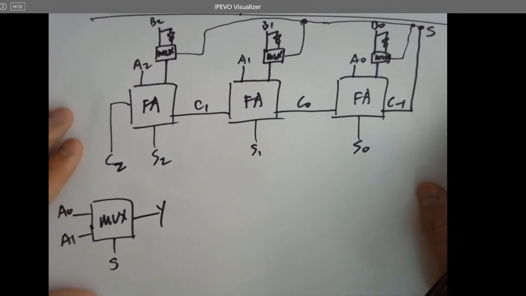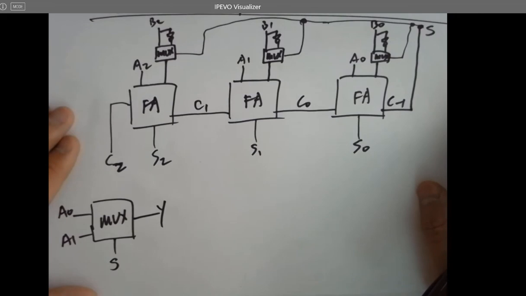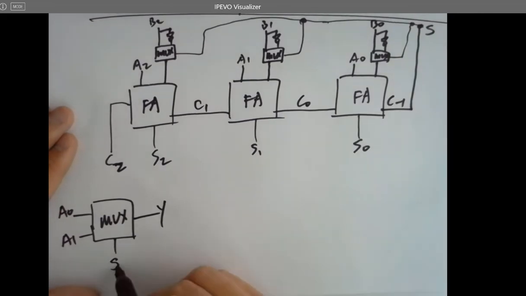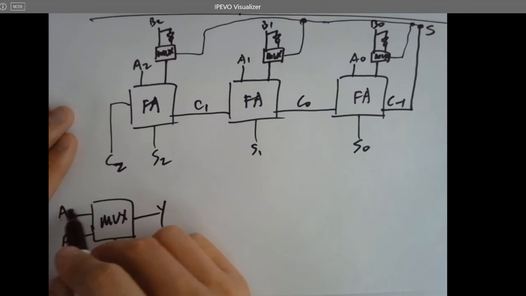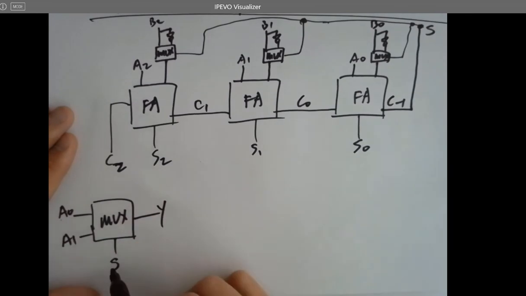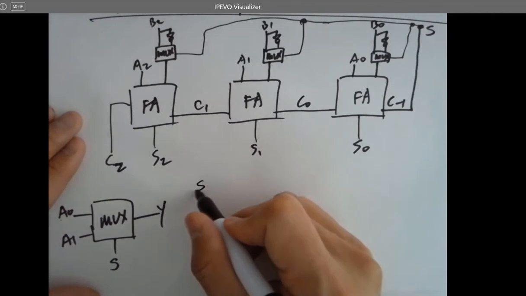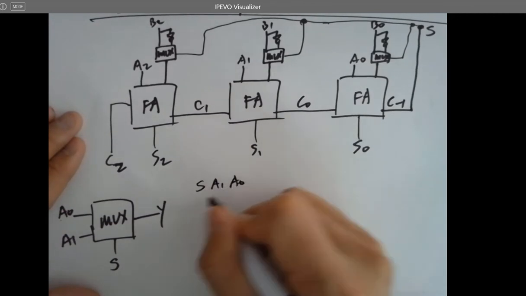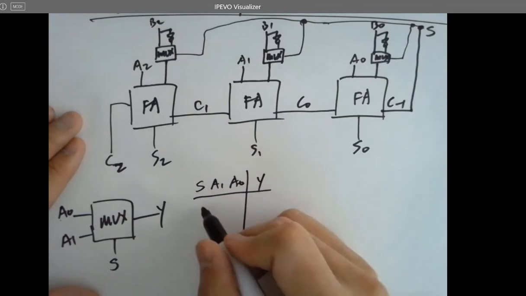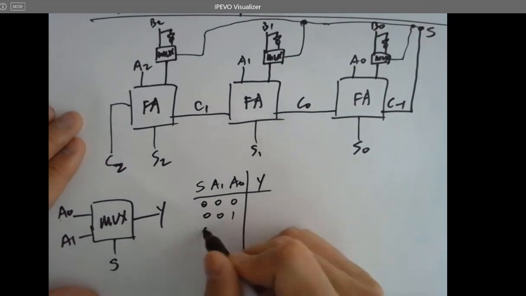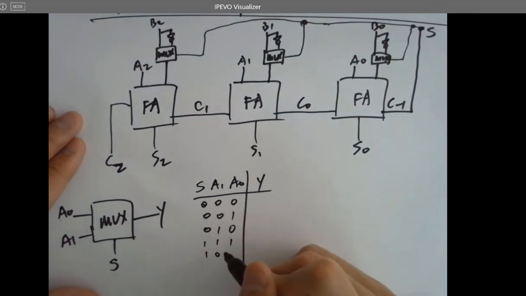So the logic for the mux is, if S is 0, it's sending A0 to Y. If S is 1, it's sending A1 to Y. So it is actually S, A1, A0 for the truth table.